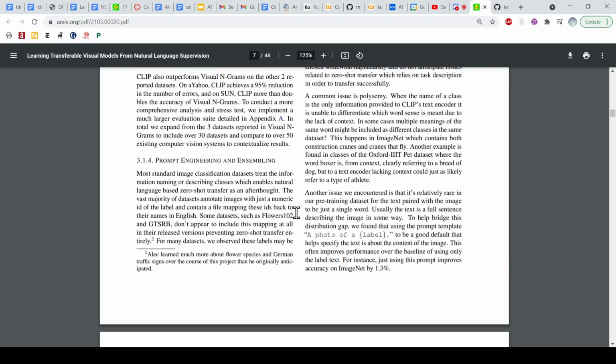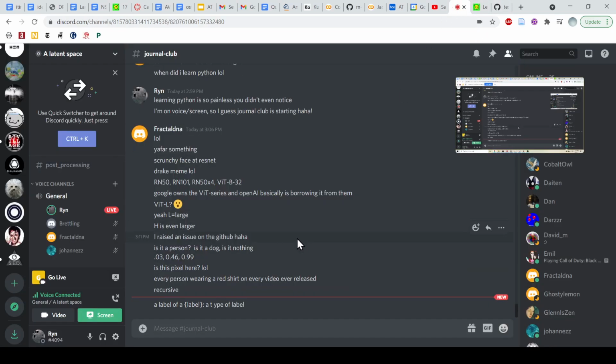Oh, we should talk a little bit about prompt engineering, because I mentioned it a little bit, how they use, instead of just saying label, with ImageNet, you could say goldfish and see how well images match the description. But instead of that, they say a photo of a goldfish or a photo of whatever it is you're looking for, or whatever many things you're looking for to get ratings of. And in doing so, they get higher accuracy.